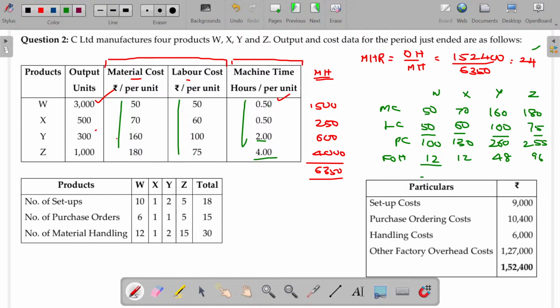Then what about the total cost? 112, 142, 308, 351. Is that clear? Clear? But the same overhead, based on activity, if I allocate, then it's called ABC costing.